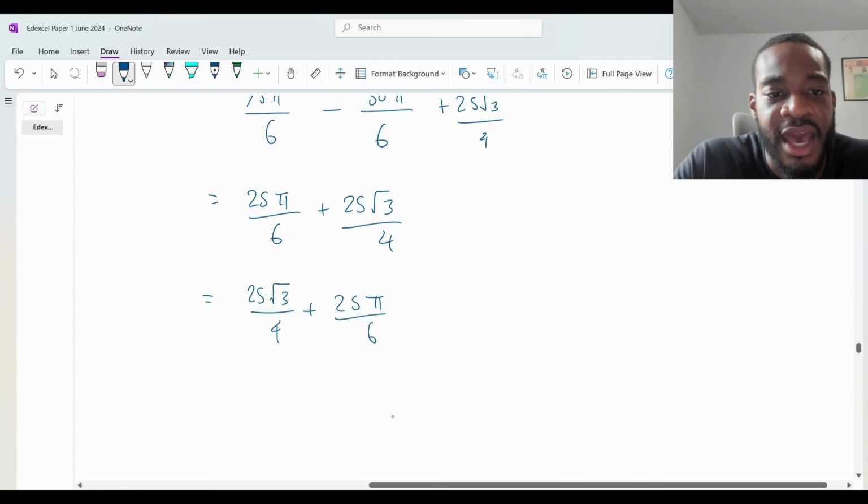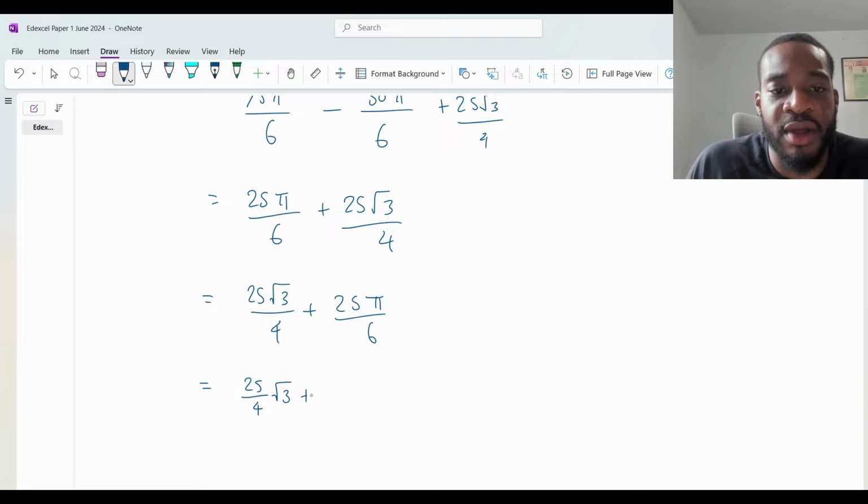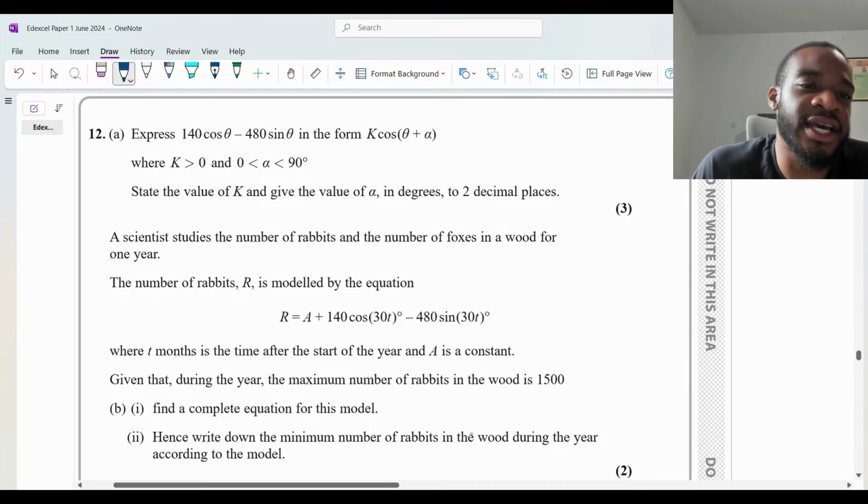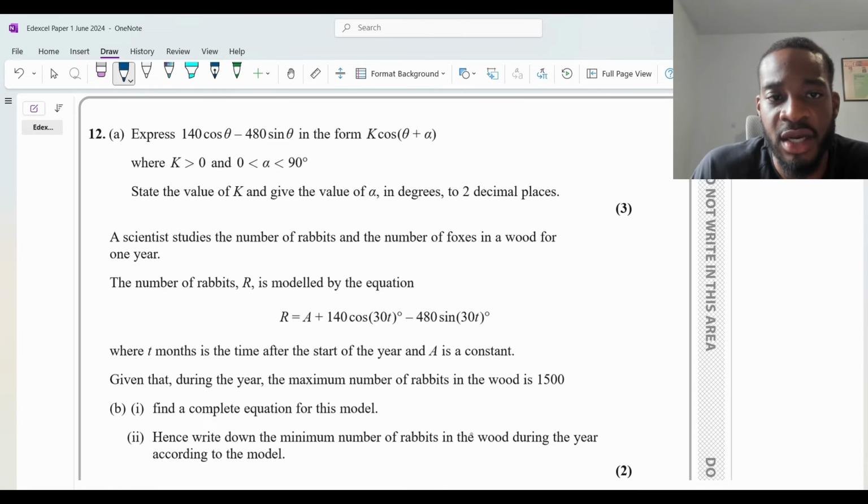So just to be extra clear, it's going to be 25 over 4 root 3 plus 25 over 6 pi. So therefore A is equal to 25 over 4 and B is equal to 25 over 6. And that's it. Finished.